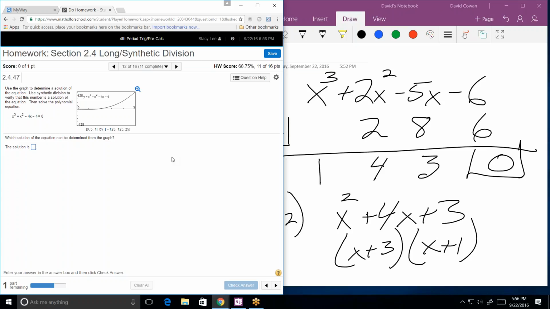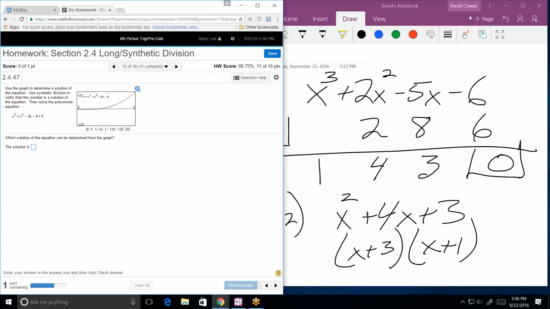First of all, it says use the graph to determine a solution of the equation. Well, the graph tells me that one solution is x equal 2. Use synthetic division to verify that this number is a solution of the equation, then solve the polynomial. We can do this one.